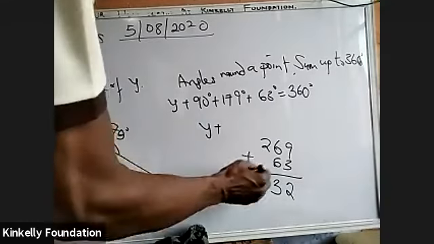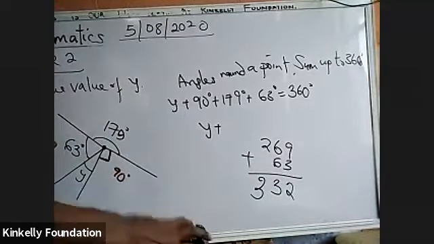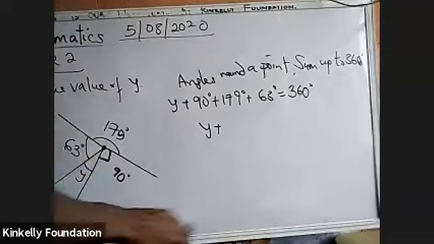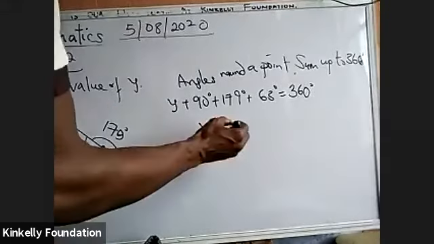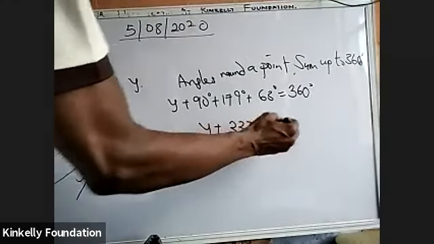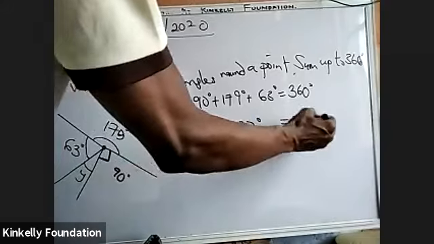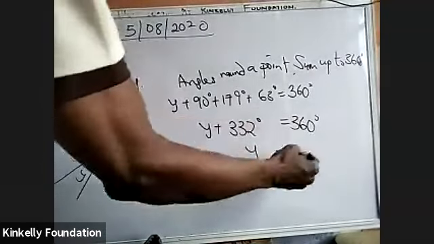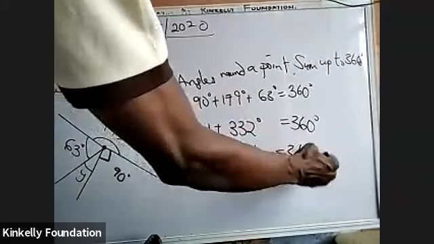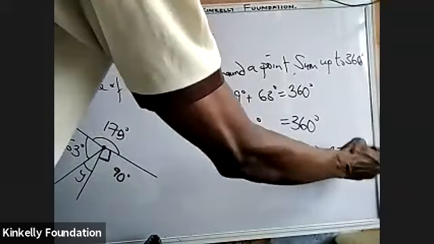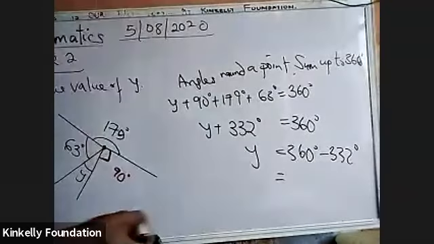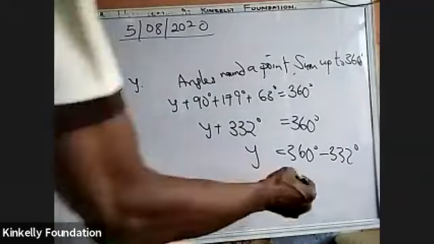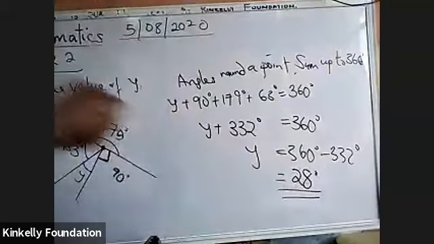When you sum this, you get 332. So what we have here will be 332 degrees, which is equal to 360 degrees. Now, y will be 360 degrees minus 332 to give us what? 28 degrees.